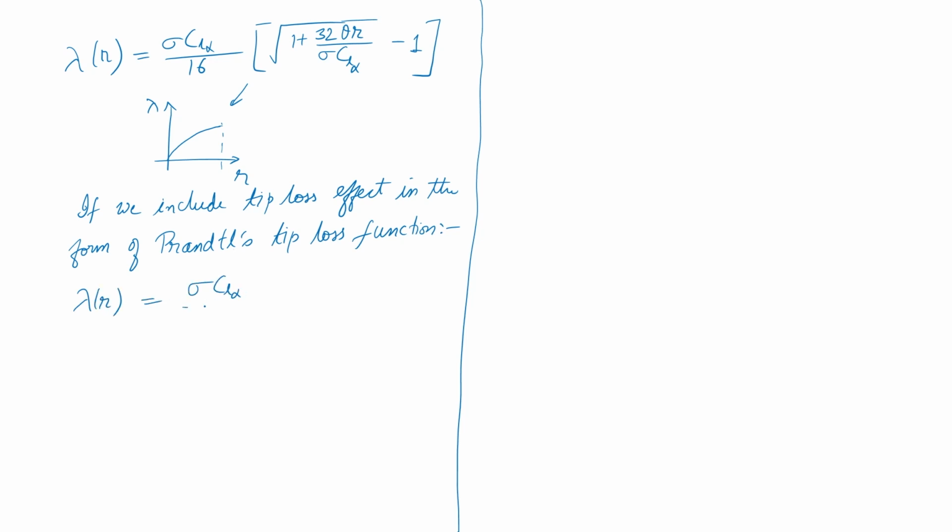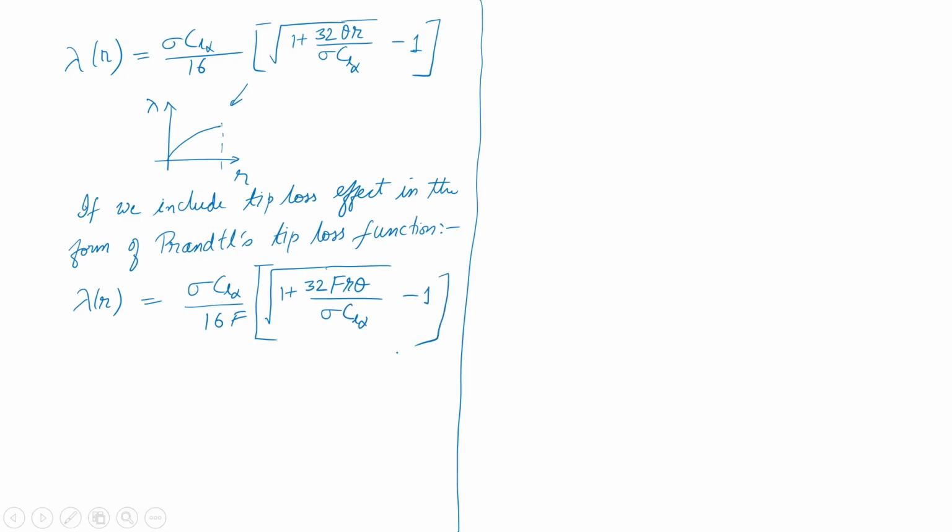sigma CL alpha by 16 times F, and inside the square root 1 plus 32 F r theta by sigma CL alpha minus 1.